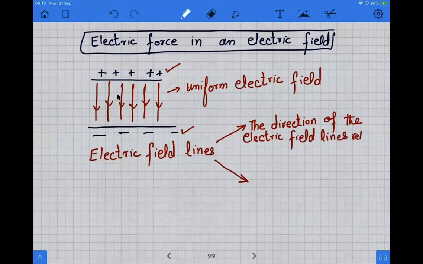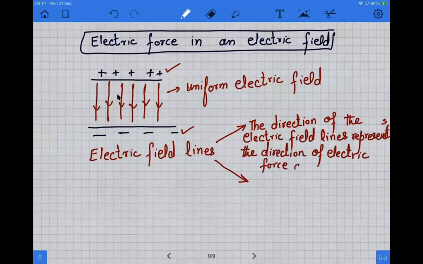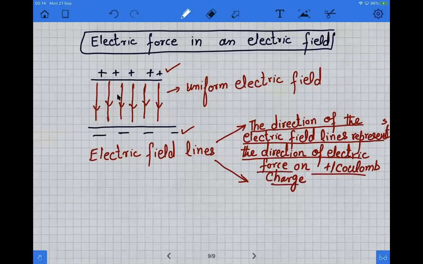The direction of the electric field lines represents the direction of electric force on plus 1 coulomb charge.